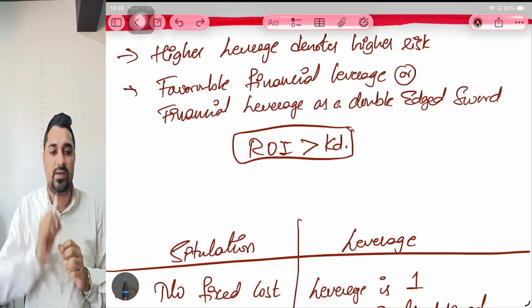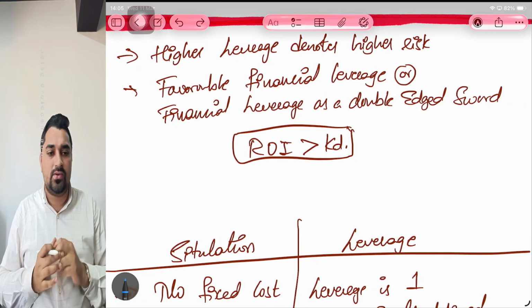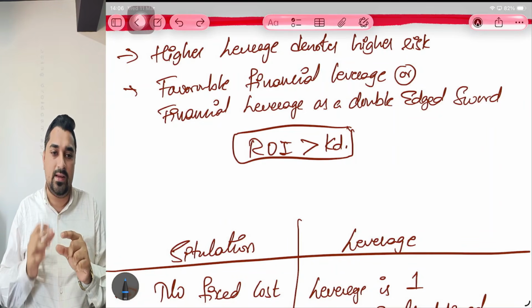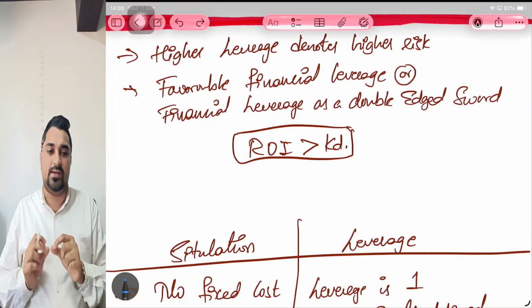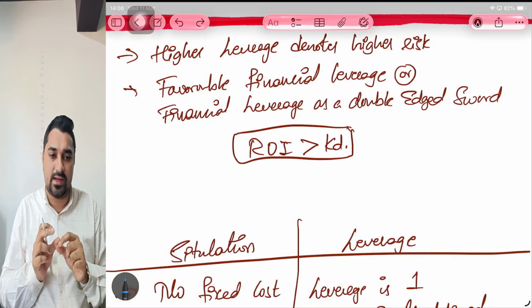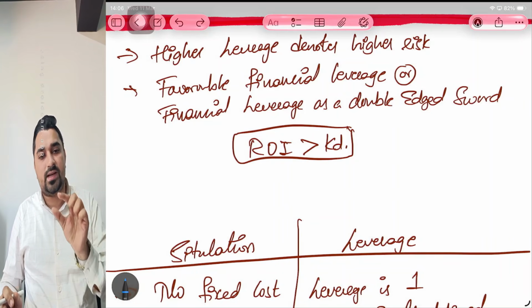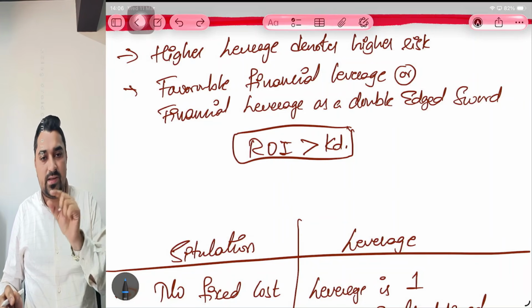So the additional profit that I earn directly benefits my equity shareholders, correct? If I raise money as debt at 6% and my return on investment is 20%, the 14% extra that I've earned will be my profit. When ROI is greater than KD, it is called favorable financial leverage.